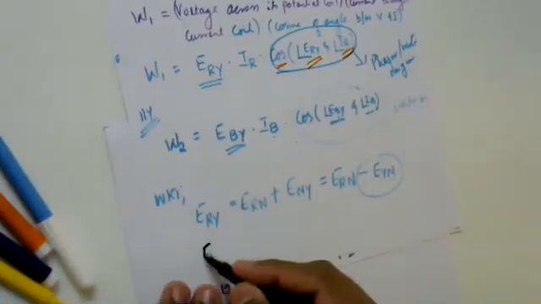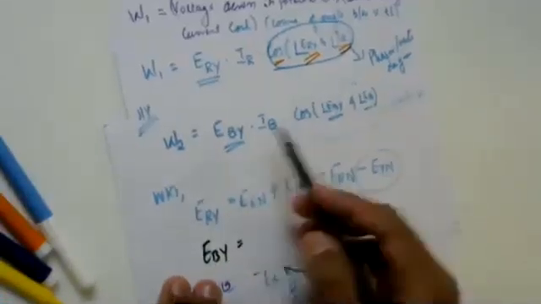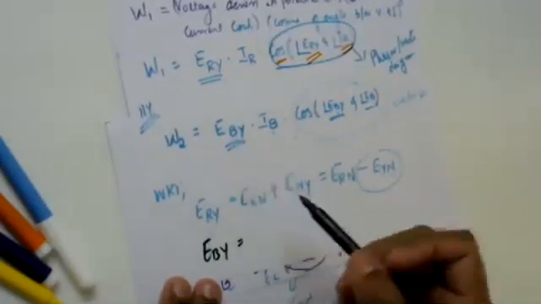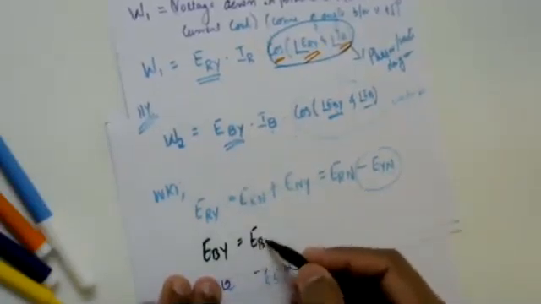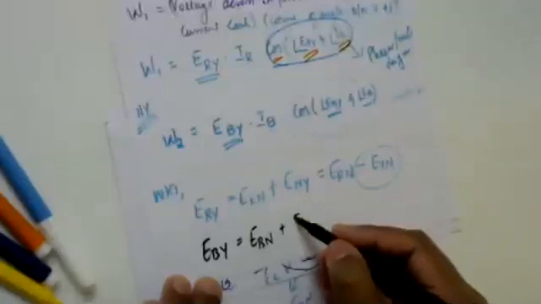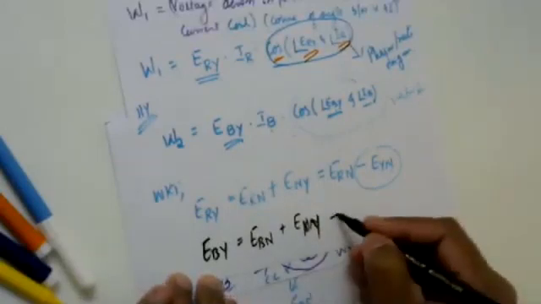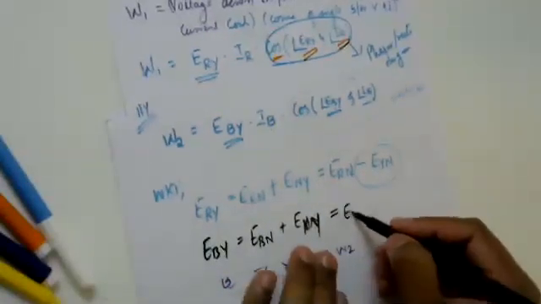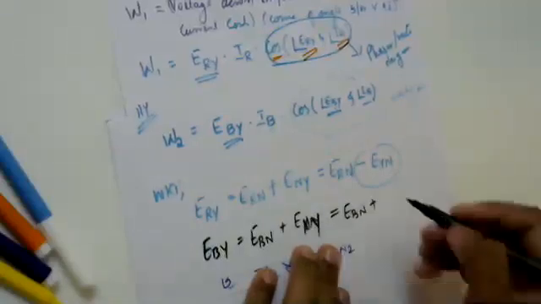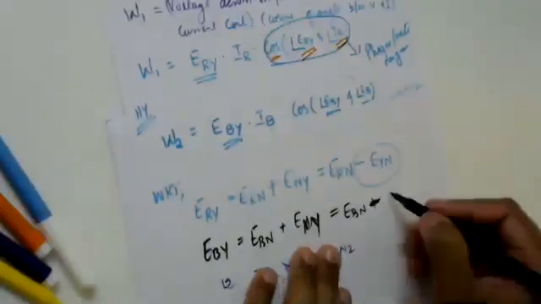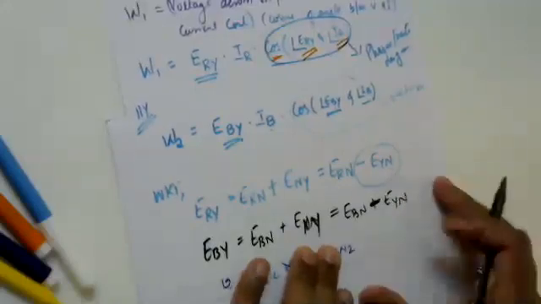I can simply write an equation. EBY is equal to EBN plus ENY, sorry, ENY. So this can be written as EBN plus minus EYN.